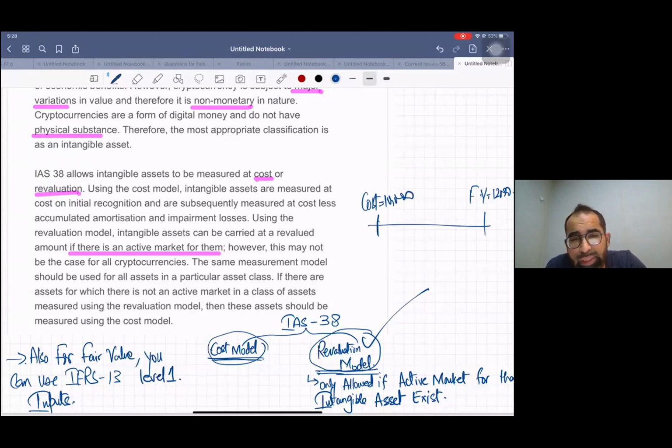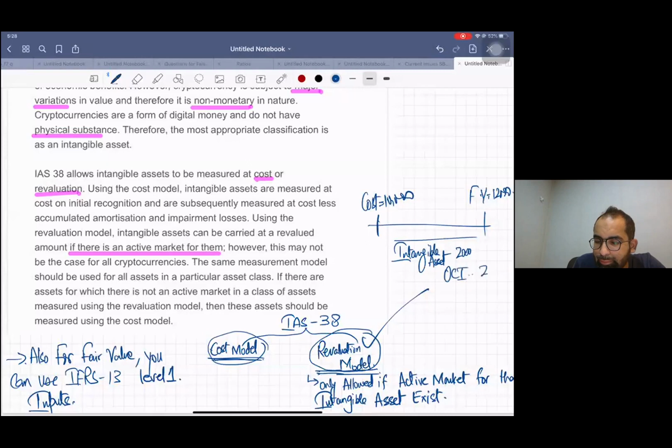The treatment is OCI. The entry is debit intangible asset and credit OCI.